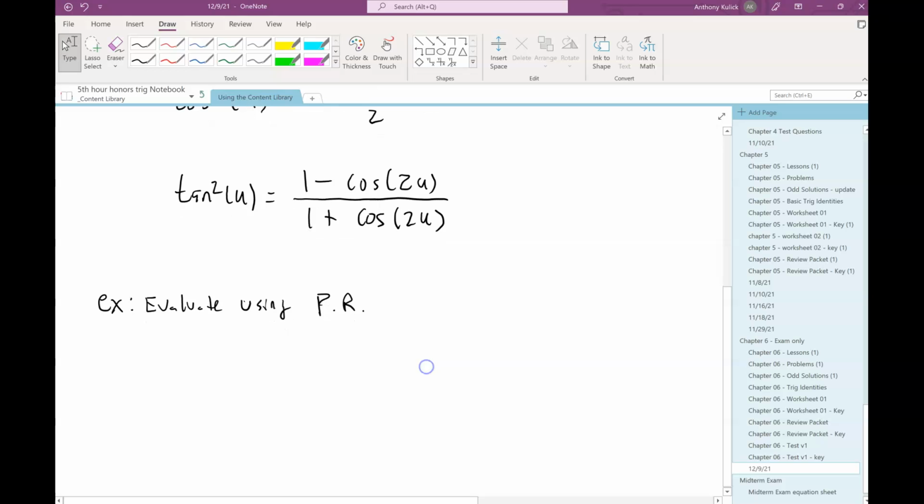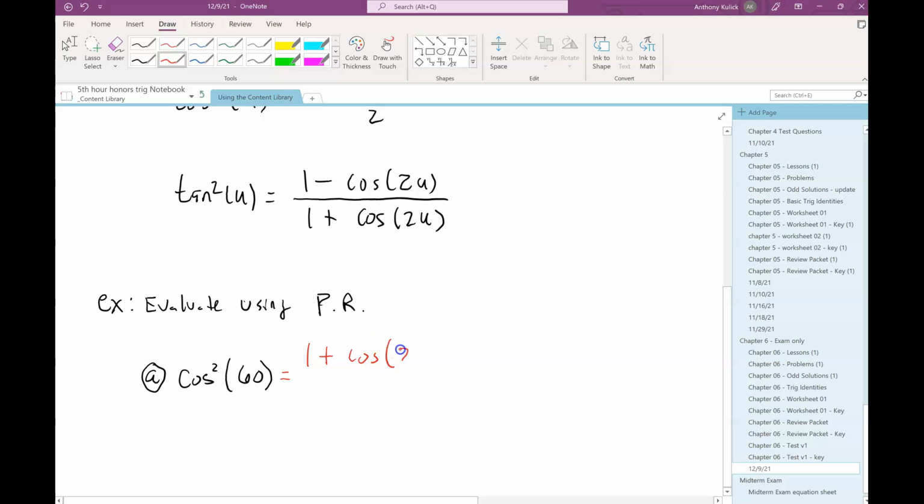So let's evaluate some stuff using the power-reducing identity. Let's say we have cosine squared of 60 degrees. So we'll just use the power-reducing identity where u is 60.